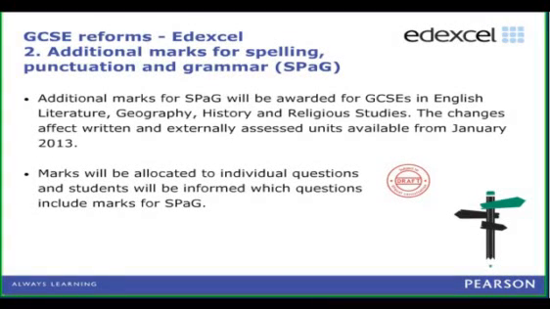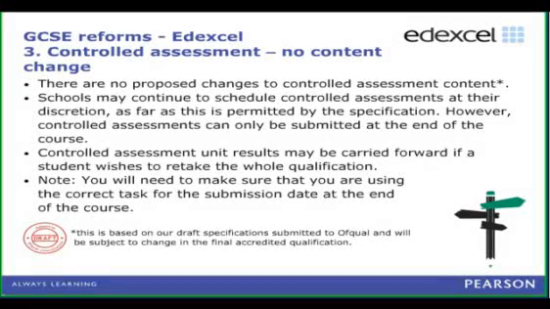SPAG again applies to English literature, geography, history and religious studies. So not a worry for statistics, not a worry for mathematics either, in case you were wondering if that's coming in anywhere.